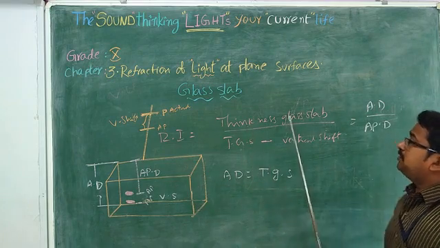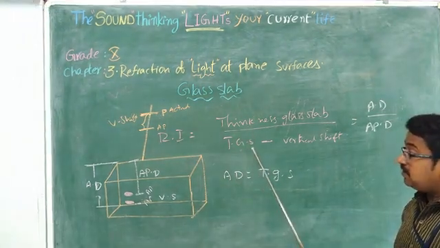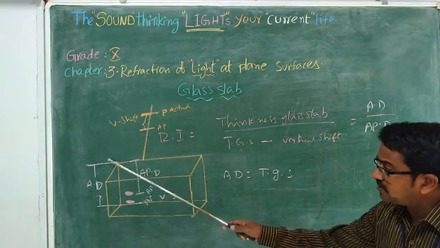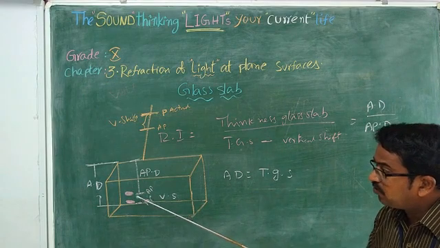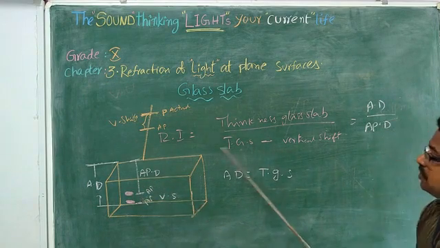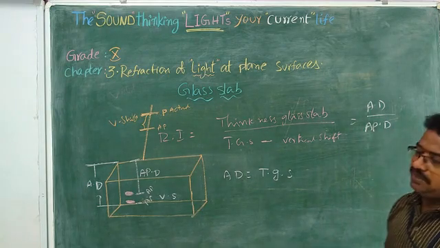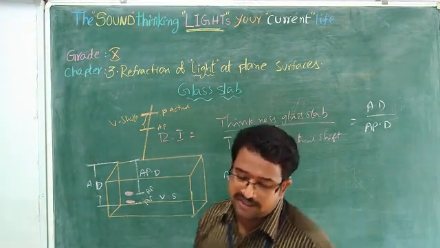What is the formula? Thickness of glass slab by thickness of glass slab minus vertical shift. If you observe, thickness of glass slab minus vertical shift, what is that? Apparent depth. So refractive index can be identified by actual depth by apparent depth. Like that also we can identify.